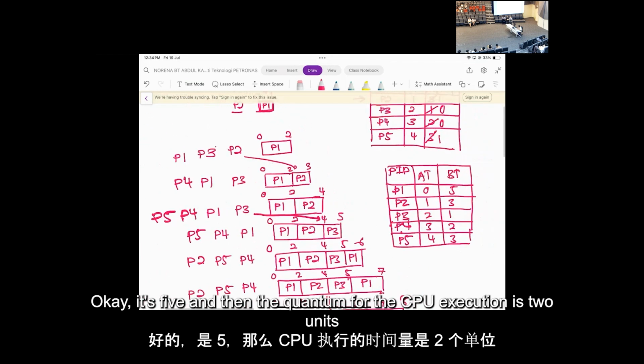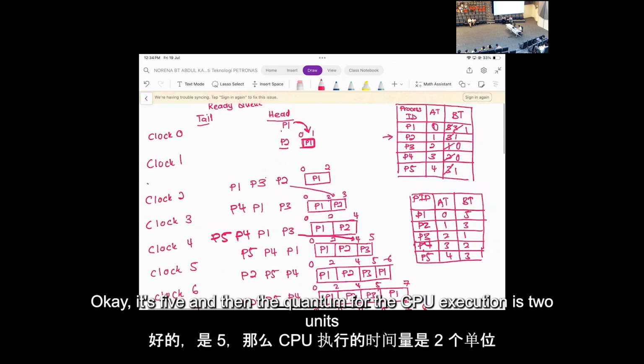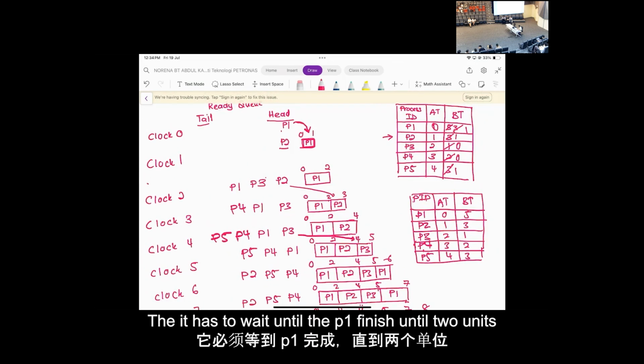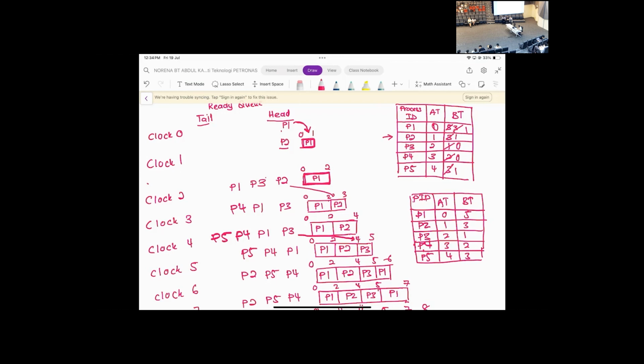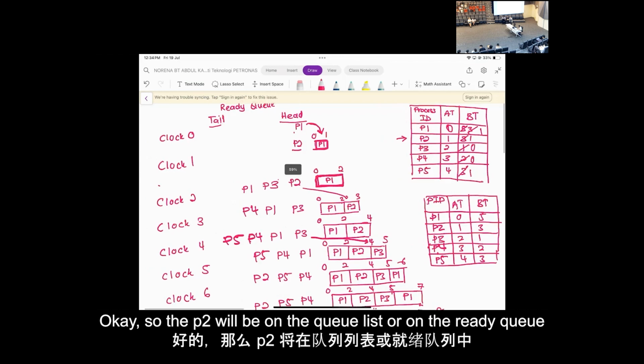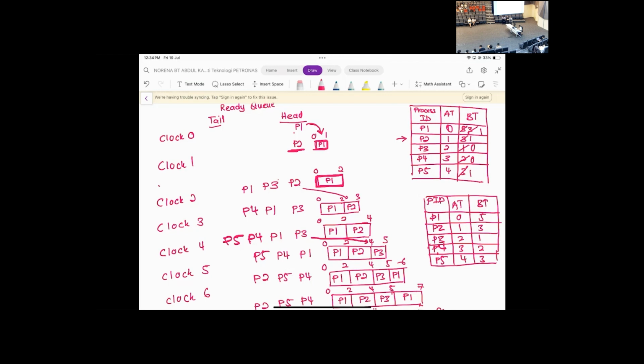And the quantum for the CPU execution is 2 units. So it has to wait until P1 finishes its 2 units. So P2 will be on the ready queue.